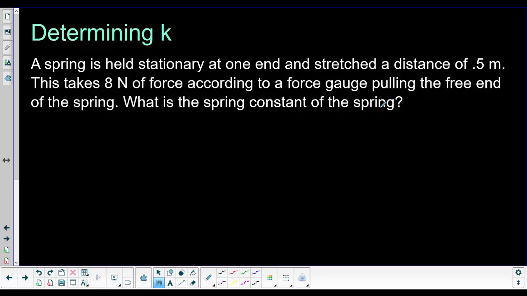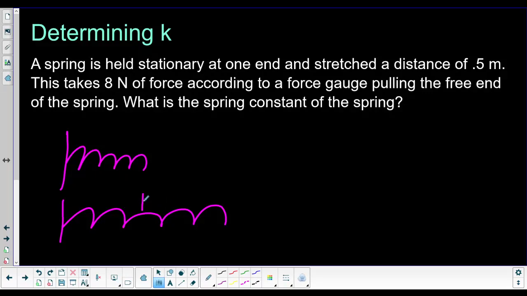So we look at our spring, and then it's stretched from here to here. We get x equals 0.5 meters. Half a meter, that's pretty far. That's like 1.5 feet.